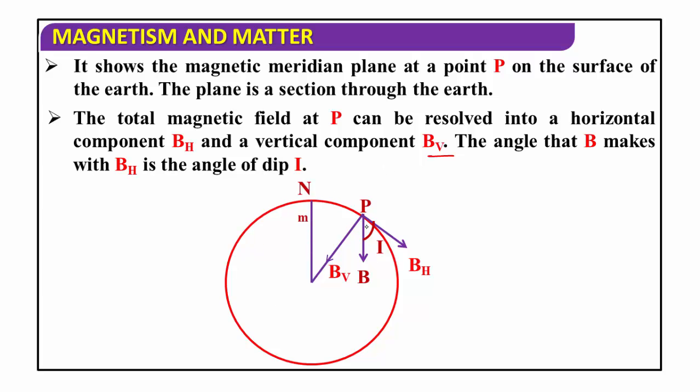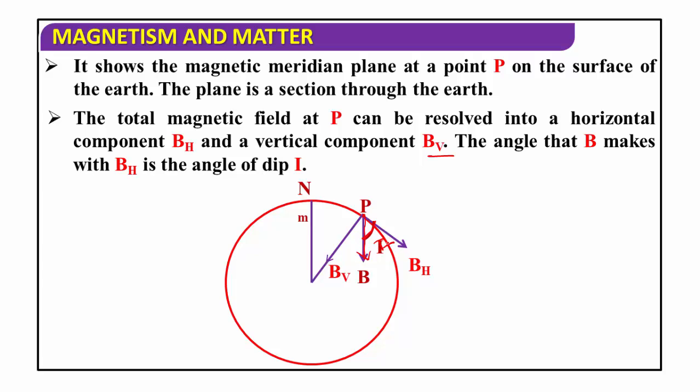Here, this is the earth's magnetic field. The magnetic field at point P can be resolved into two components, a horizontal component and a vertical component. The angle that B makes with BH is called the angle of dip.